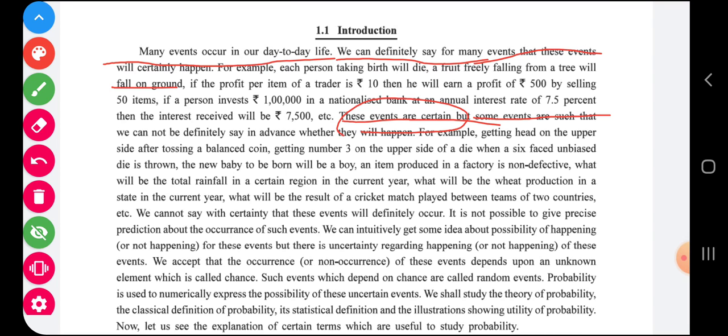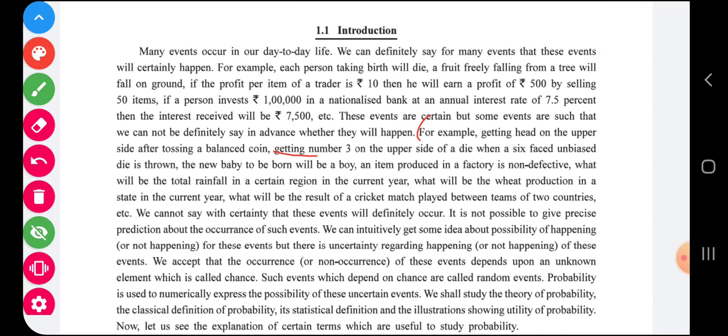But some events are such that we cannot definitely say in advance whether they will happen or not. For example, getting a head on the upper side after tossing a balanced coin. If you toss a coin, you cannot confidently say that it will be a head. Yes, a head can come, but surely we cannot say.